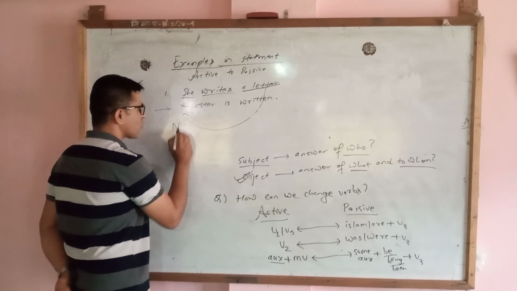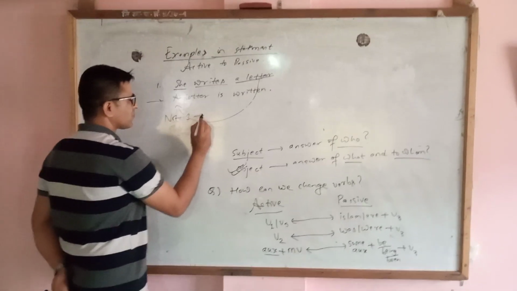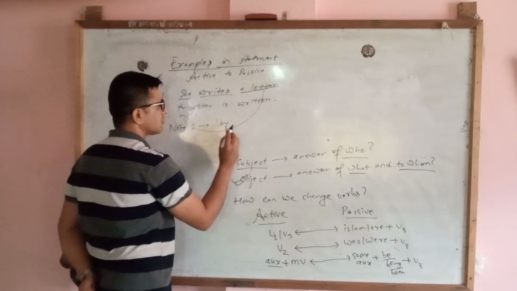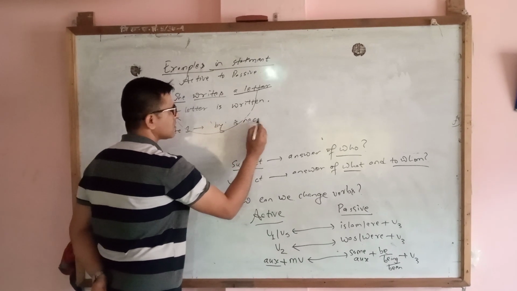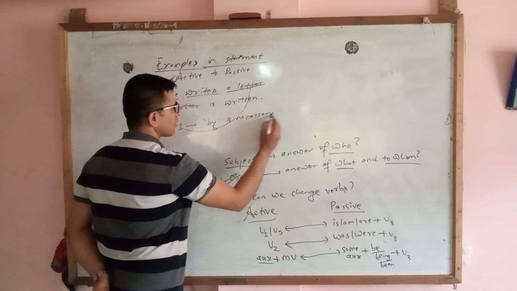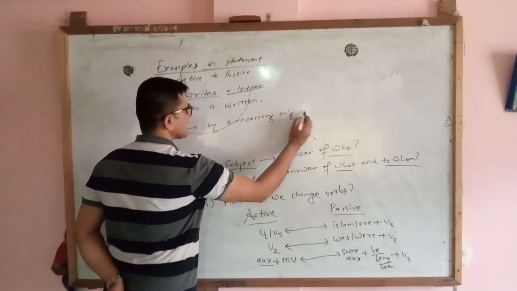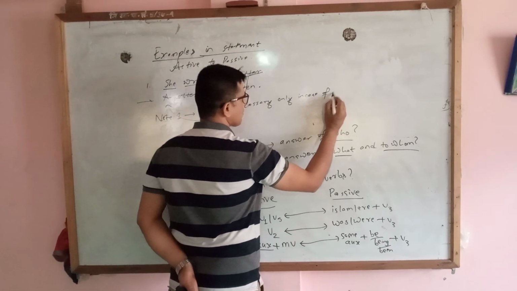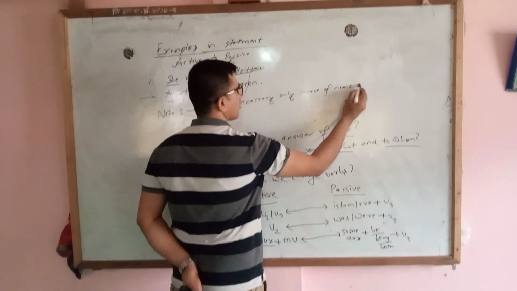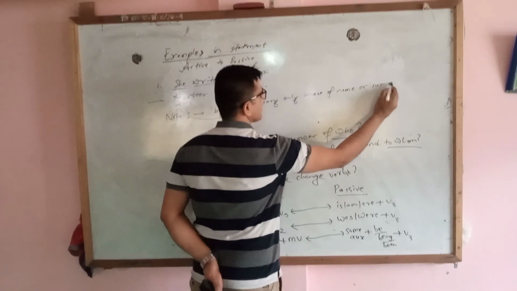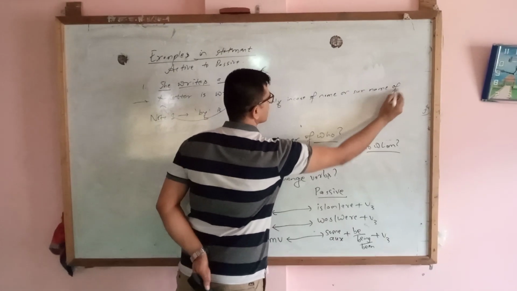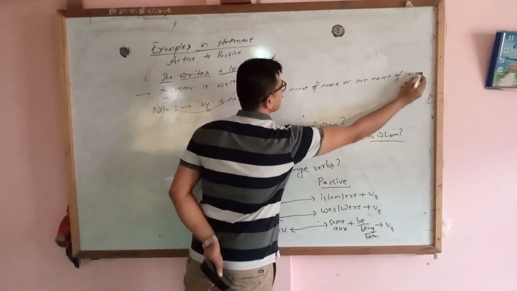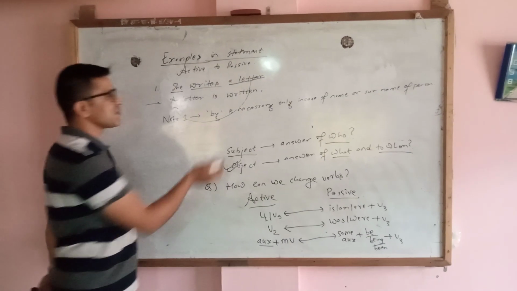And let us write note 1. By is necessary only in case of the name or surname of a person. For example, if there is Lakshmi Prasad, by Lakshmi Prasad.